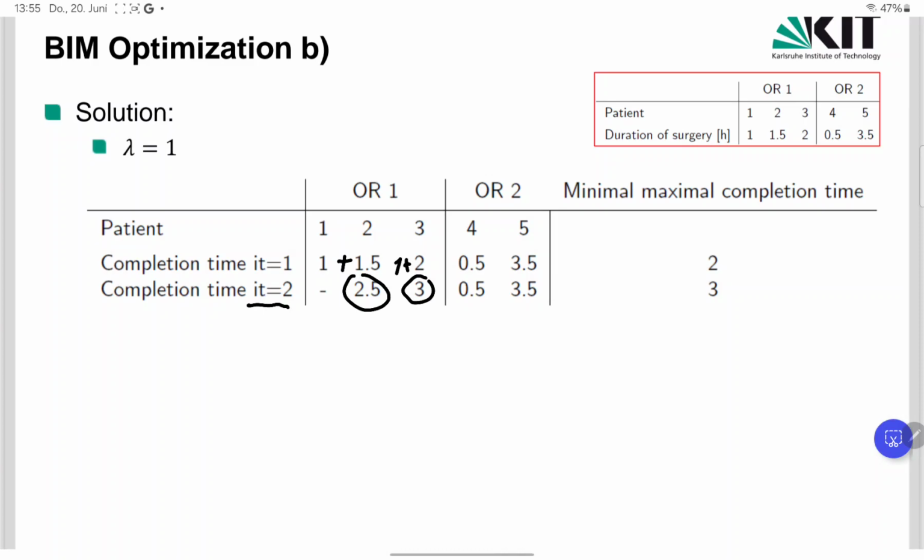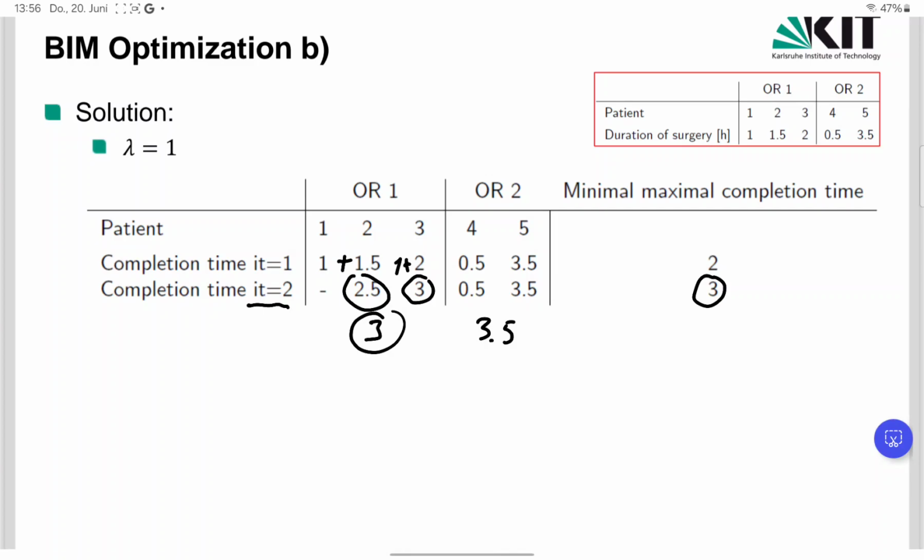Again, what we can now do is check what is the maximum completion time. For operating room 1 it is 3. For the second operating room, it's 3.5. So that means we're choosing this one, and this is why we are writing that in the minimal maximum completion time column. Then again, we have to say whom to assign to which room.